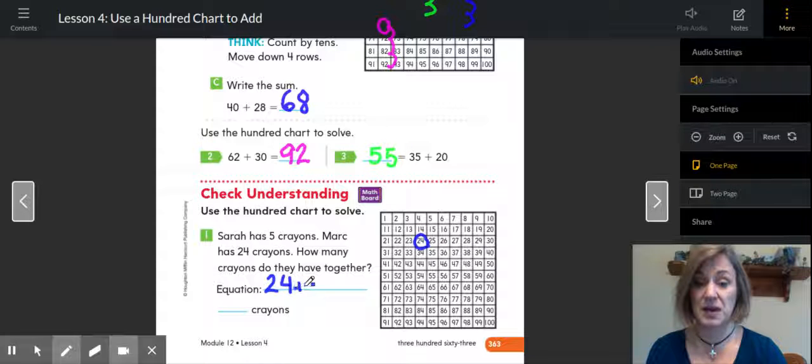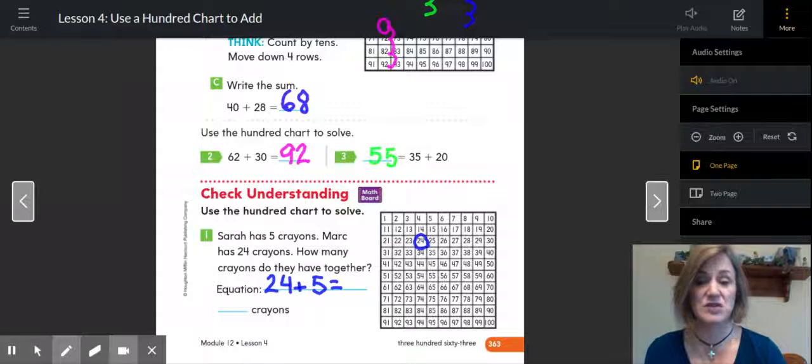Now, I also want you to think about, am I going to go across 5 or am I going to go down 5? Let's think about that. If I go down 5, I'm going to land on 74. Would that make sense?